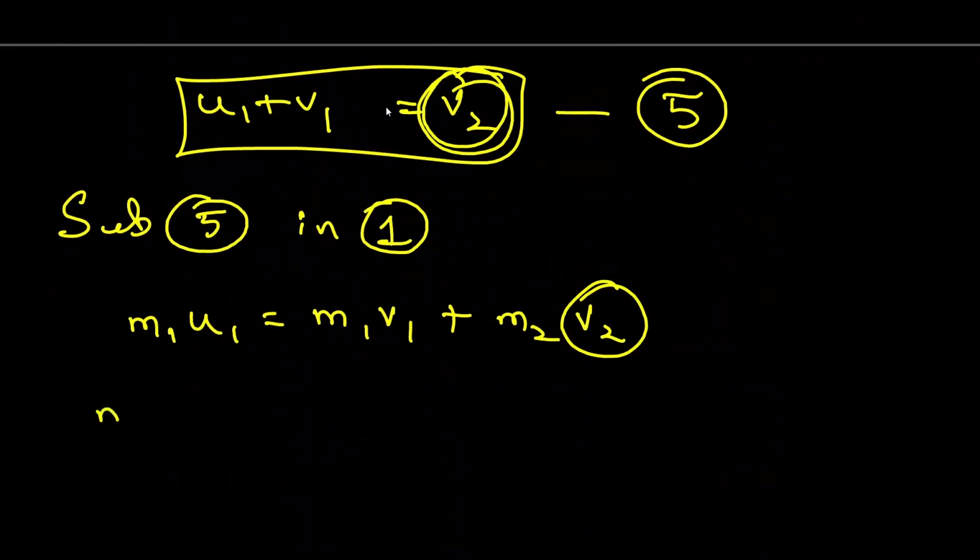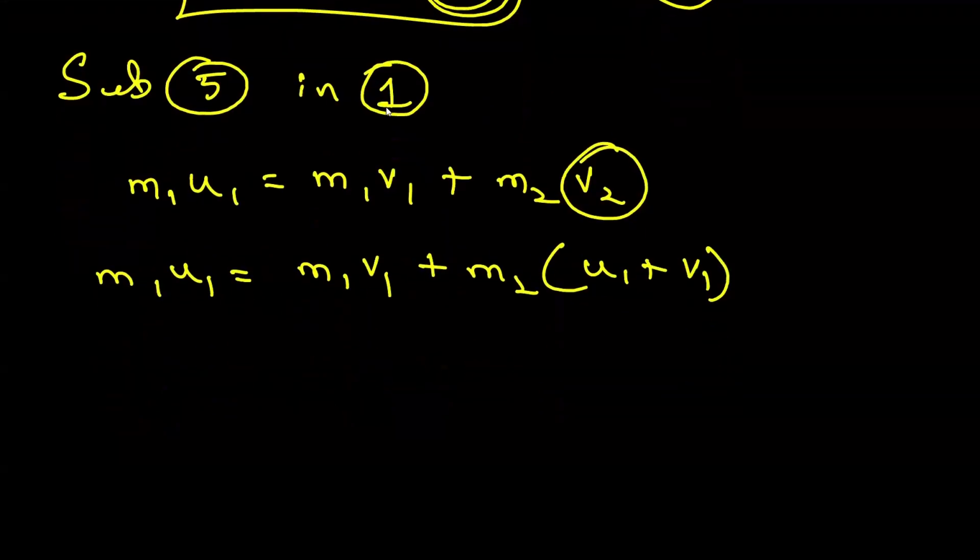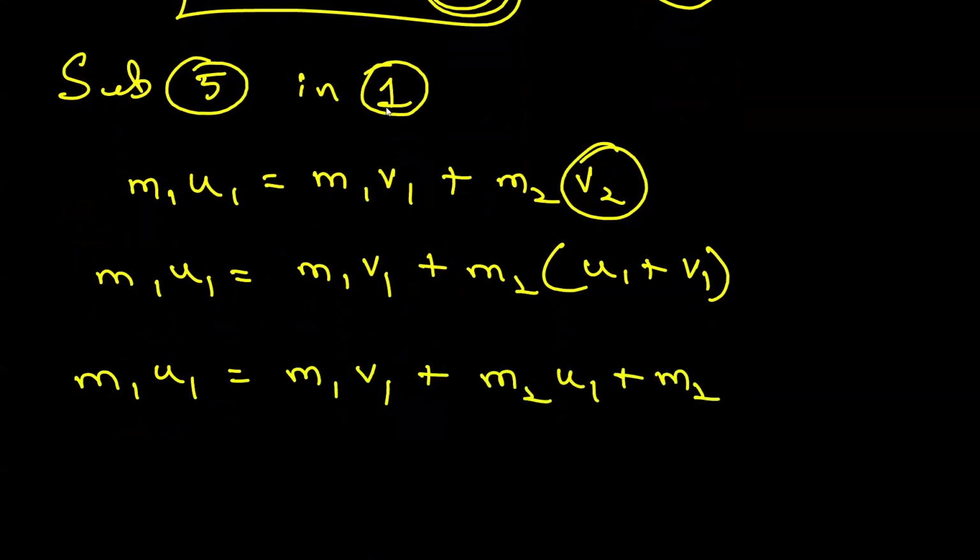So left-hand side remains as M1 U1 as it is. Right-hand side, M1 V1 remains as it is, plus M2, and inside the bracket I'll write U1 plus V1. Obviously do math here. So it becomes M1 U1 is equal to M1 V1, multiply the M2 throughout, plus M2 into U1 plus M2 into V1.